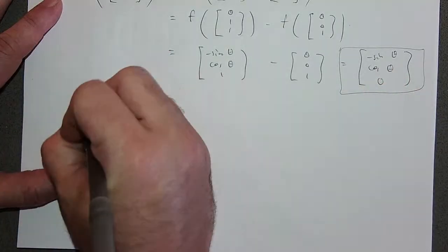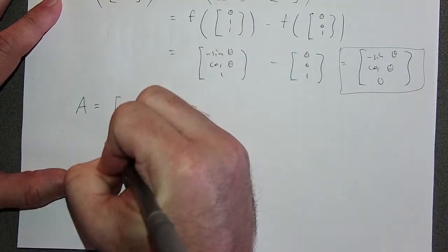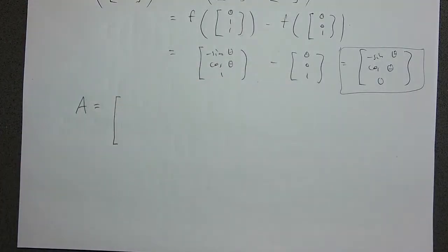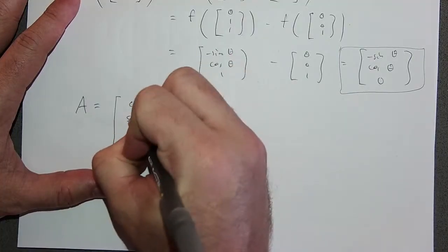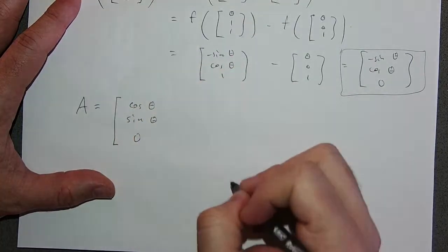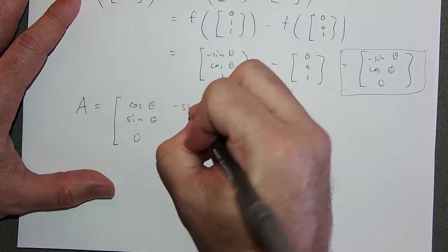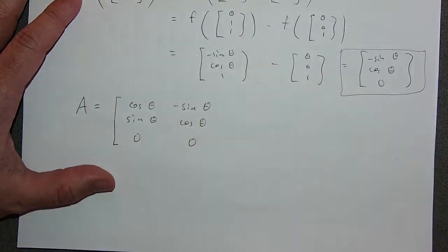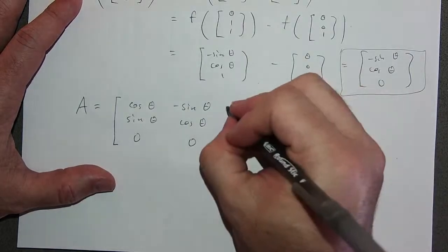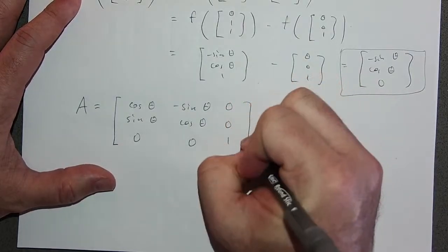So what is my matrix A? A here then, reading column-wise, is cosine theta, sine theta, 0; minus sine theta, cosine theta, 0; 0, 0, 1.